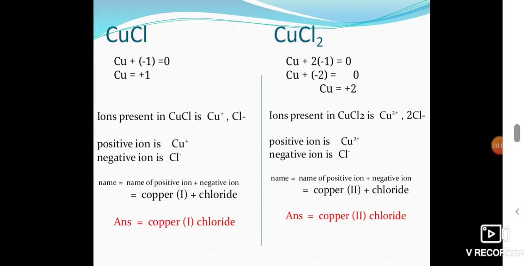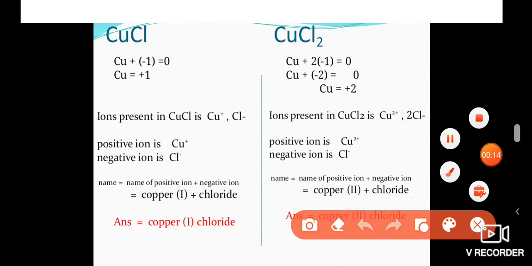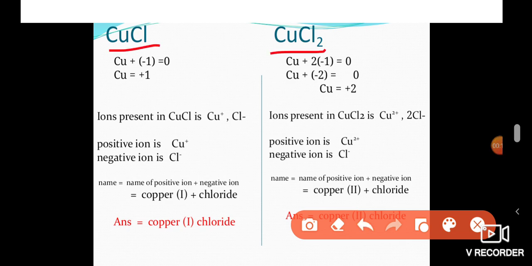In the molecule copper sulfate, we do not mention the valency of copper. But in the case of CuCl and CuCl2 we mention the charge of Cu. Why? Because CuCl and CuCl2 are made up of the same kind of atoms, Cu and Cl.